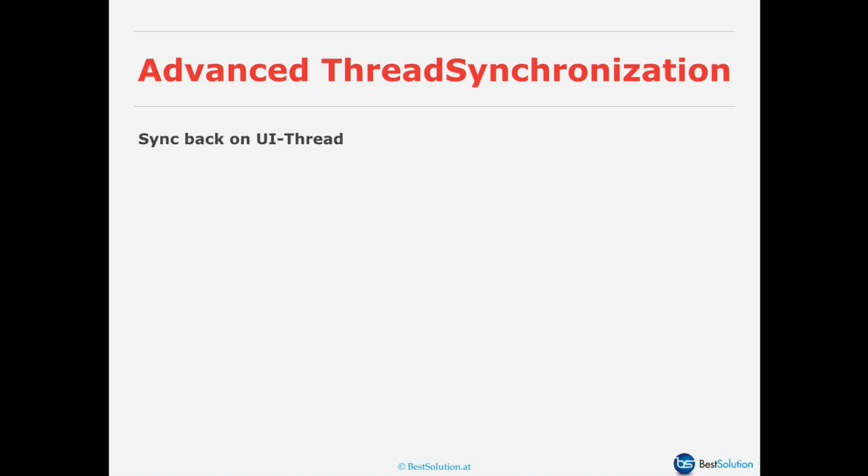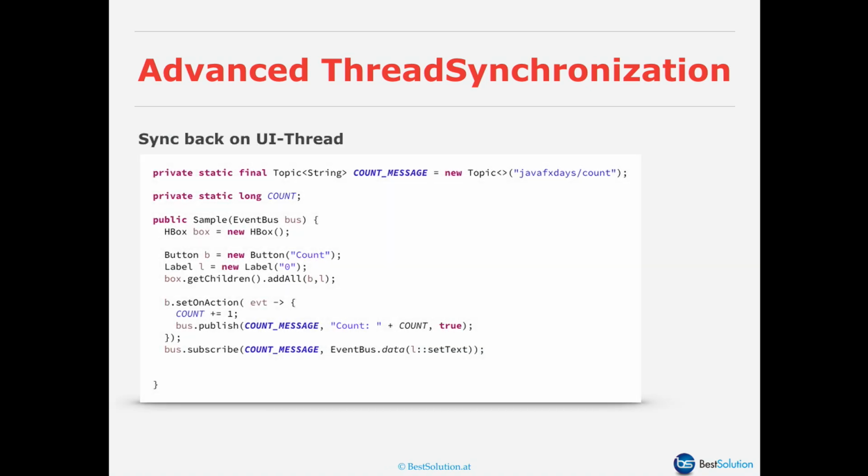Thread synchronization, once more. Let's take a look at this code once more. It's the event bus system. The first version sent here true. When we now switch that to an asynchronous version, we are getting in trouble because this method is called on a background thread, because we are sending this topic asynchronously. So non-blocking method call up here.